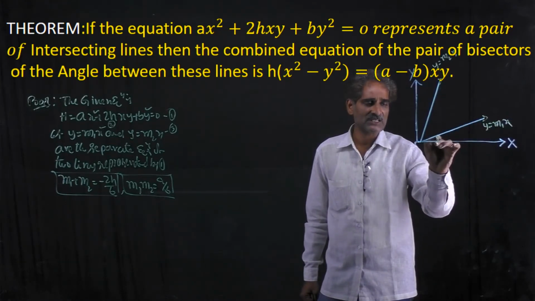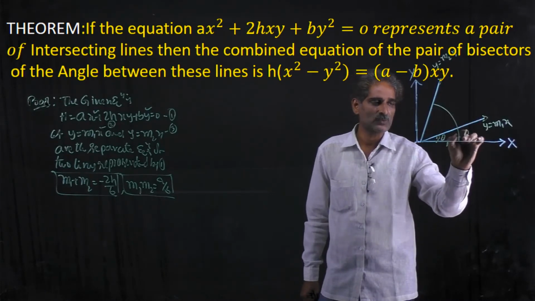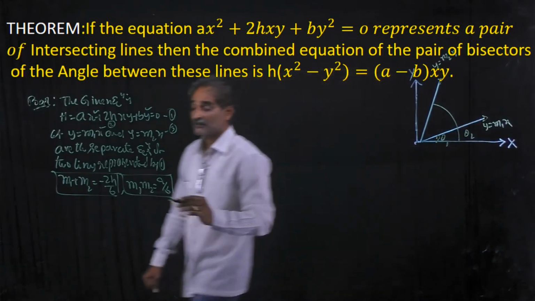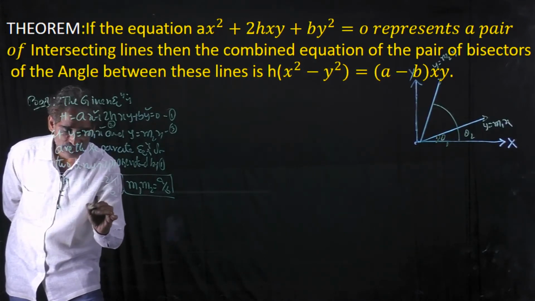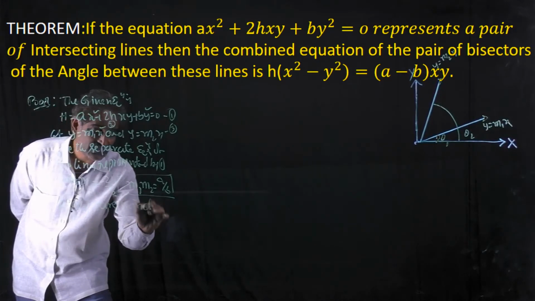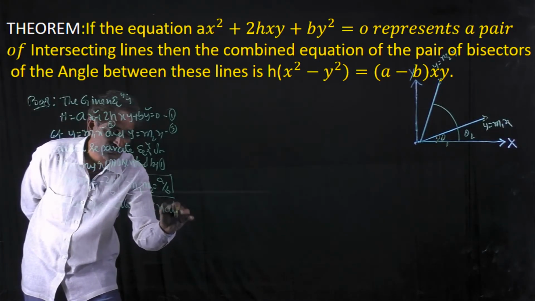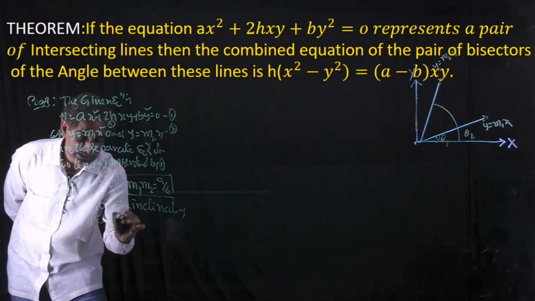Let us take the inclination of this line as theta 1 and the inclination of the other line as theta 2. Let theta 1, theta 2 be the inclinations of lines 2 and 3 respectively.